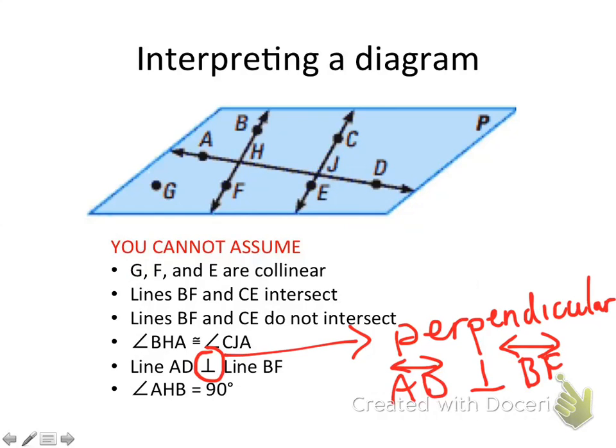There are some things you can assume, like if the points are on a line, they're not going to trick you and go, haha, that one's not on a line. You can assume they're collinear if there's a line drawn through them. You can assume that they're coplanar if there's only one plane drawn, but you cannot assume things like angles being congruent or lines being parallel. You have to be told those things are parallel. So as we work through proofs, they will tell you through the given information what they want you to know.